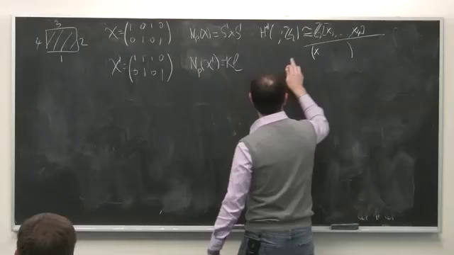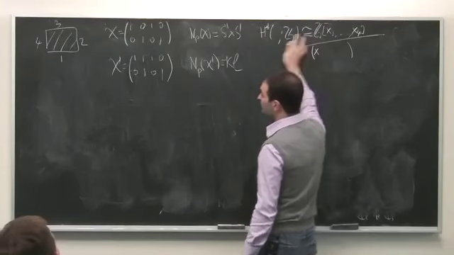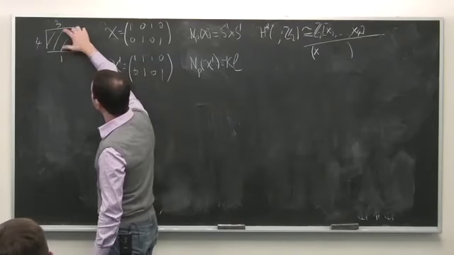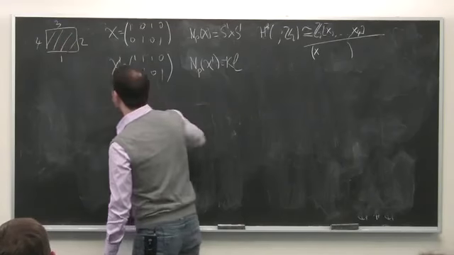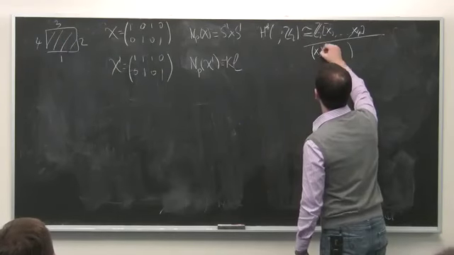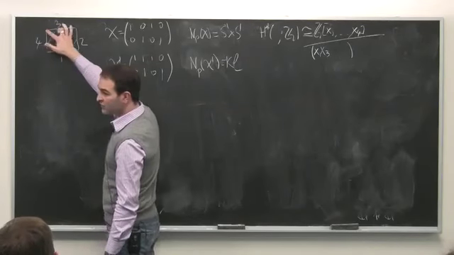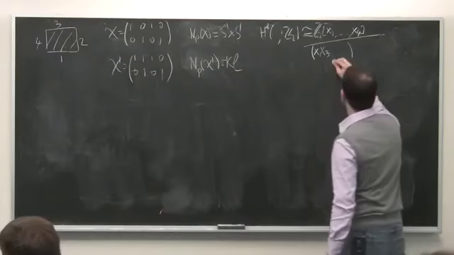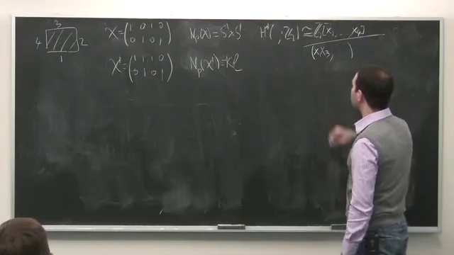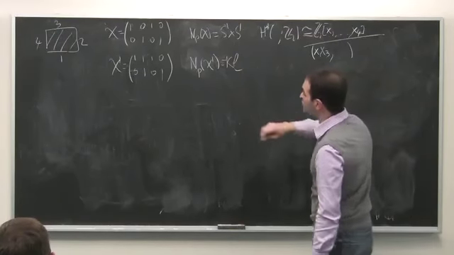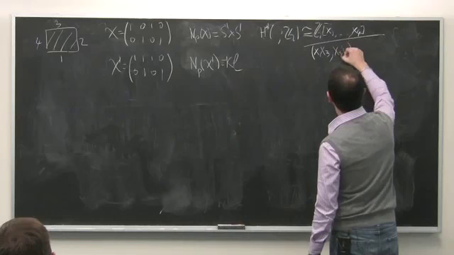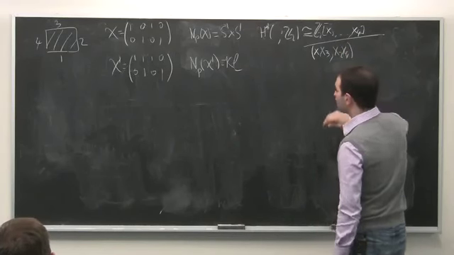You assign a variable to each facet, and whenever two facets don't intersect, you take the corresponding product. For example, in this case, 1 and 3 do not intersect. So you take the product of x1 and x3, and the same is true for x2 and x4. So this is the IP.